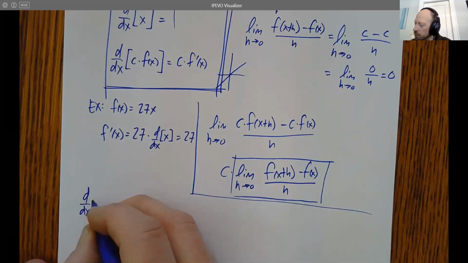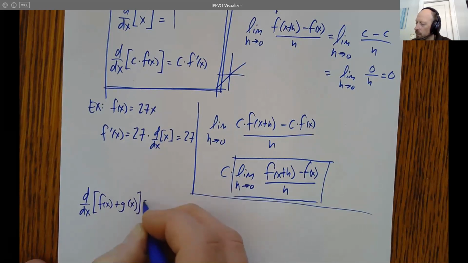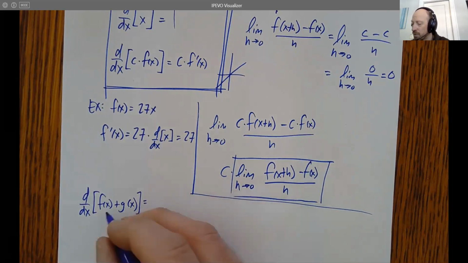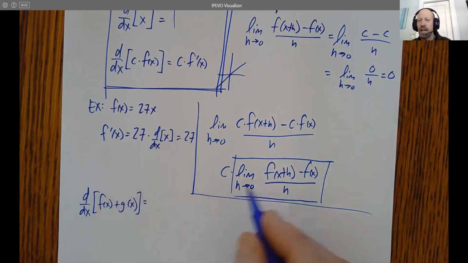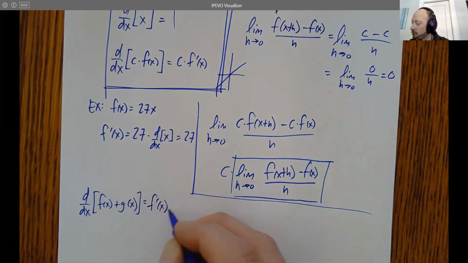The derivative with respect to x of f of x plus g of x. I think I proved this in the lecture capture, or maybe I skipped over it there too. You just go through the definition again, and it turns out that because you can take a limit of a sum by taking each individual limit, the algebra works out that when you take the derivative, you can also take the derivative of each piece separately and add them together.